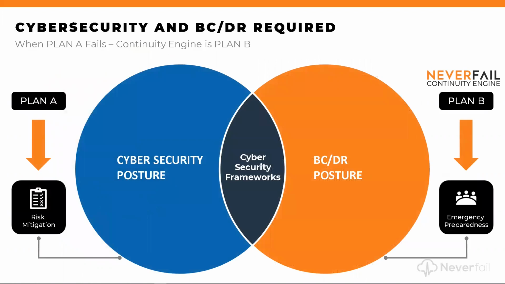Now, cybersecurity and BCDR are not mutually exclusive. You need to have a strong cybersecurity and BCDR posture to ensure that if your plan A or risk mitigation efforts fail, you have the means of recovery. In fact, a good cybersecurity posture begins with strong policies and procedures with controls in place for enforcement.